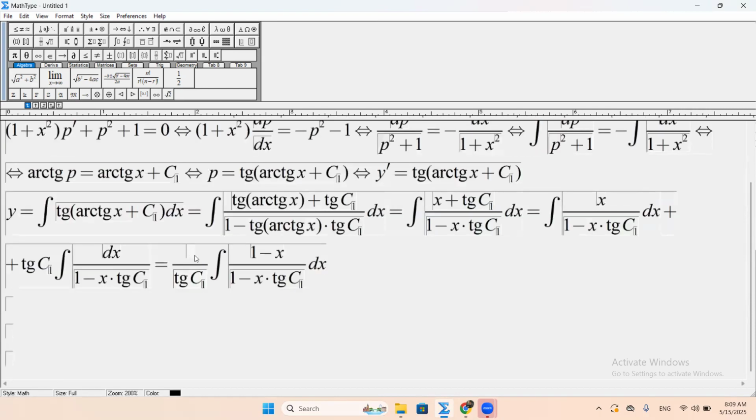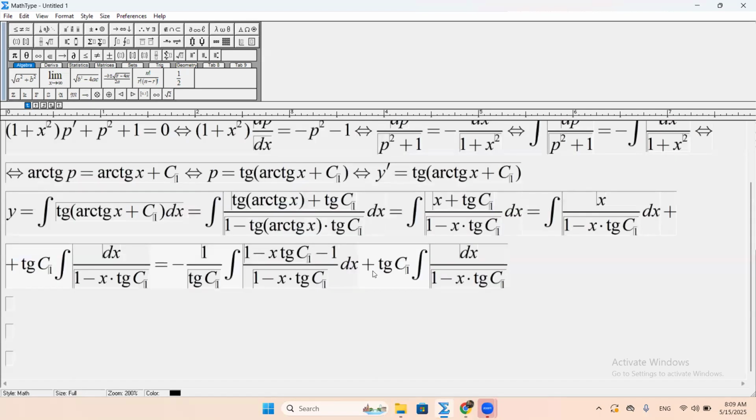I will simplify this expression, with a minus here, and plus and minus 1, and plus this integral. Now something will be simplified.